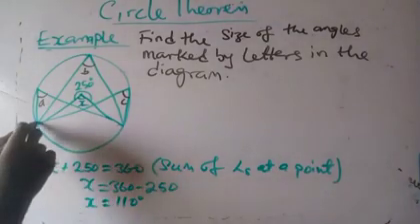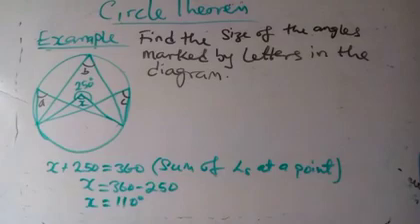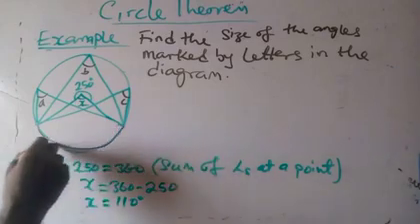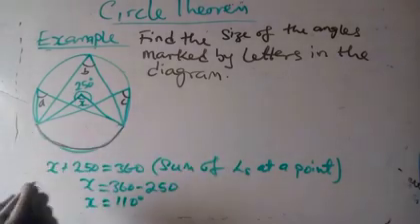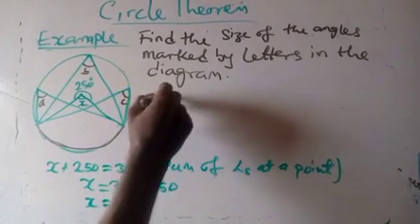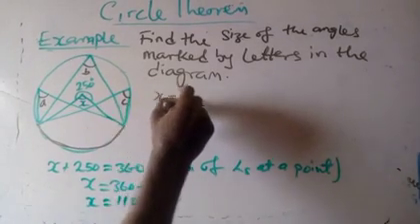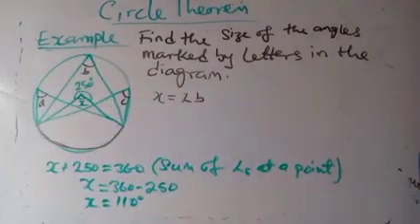And this is the arc. This is the arc subtending all this angle. So x is twice angle B.